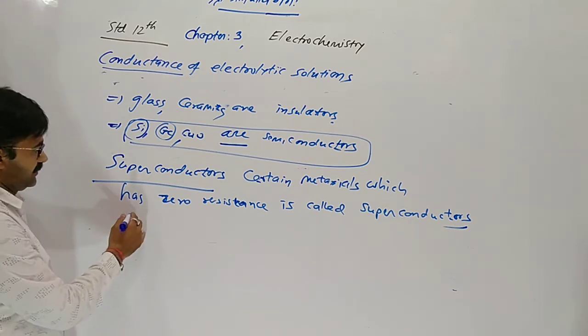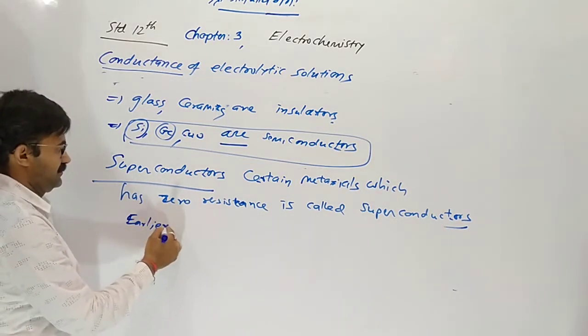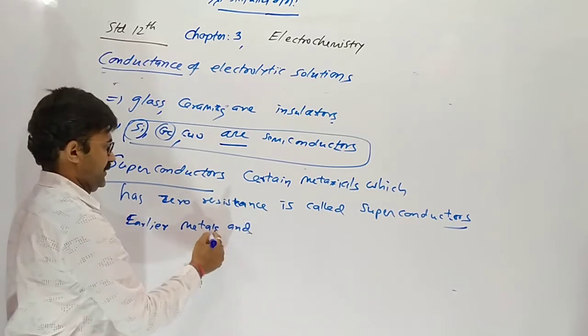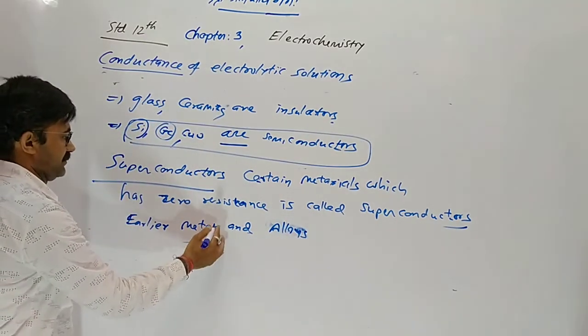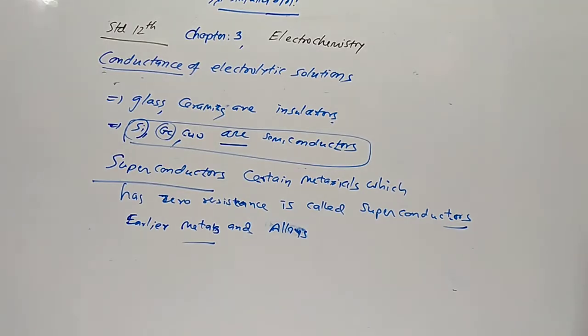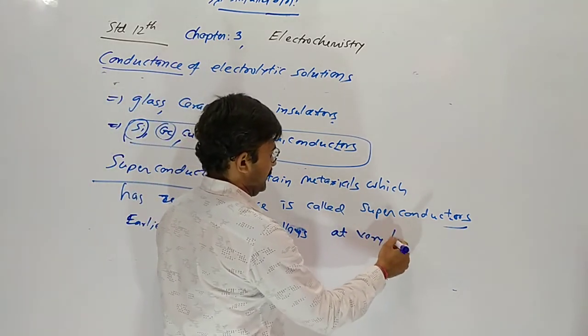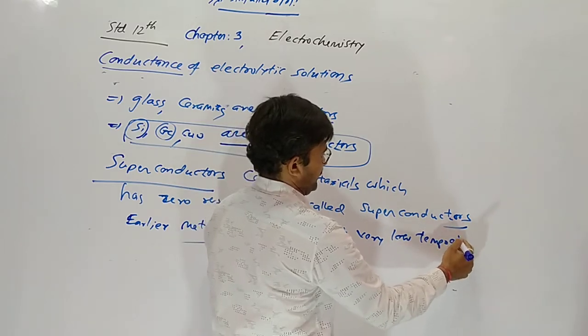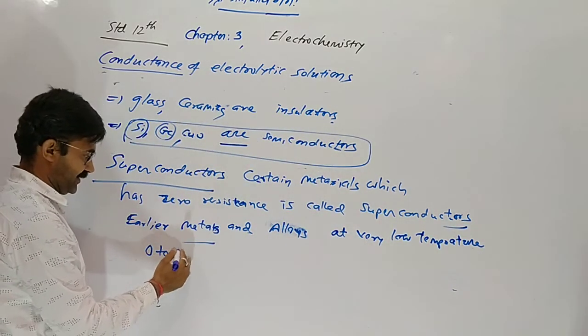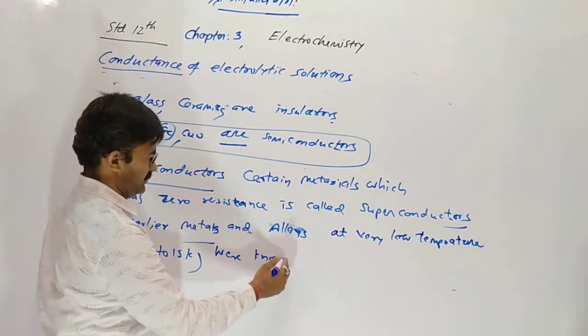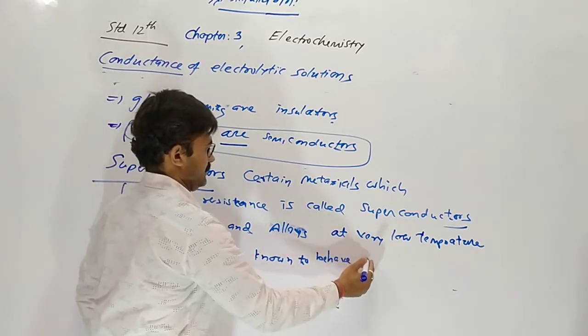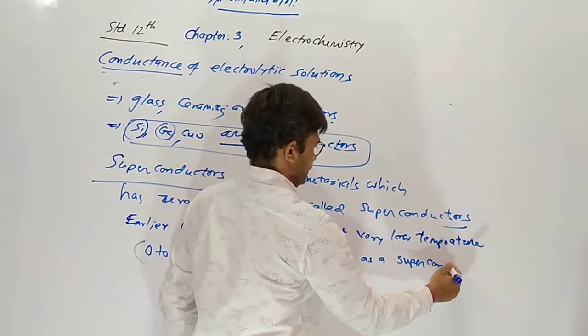Earlier, metals and alloys at very low temperature, 0 to 15 Kelvin, were known to behave as superconductors.